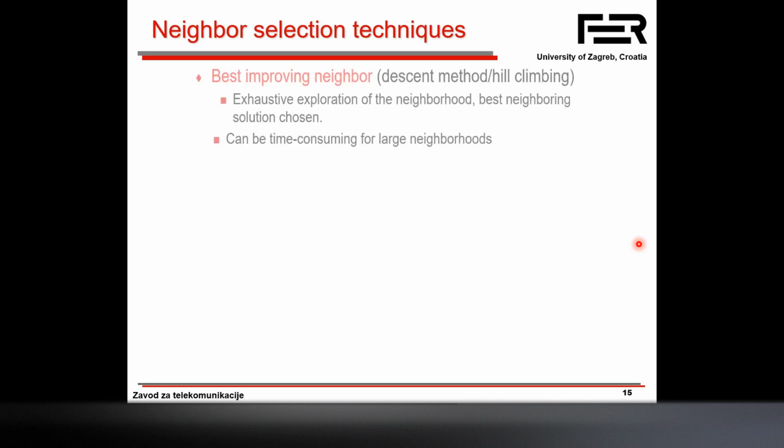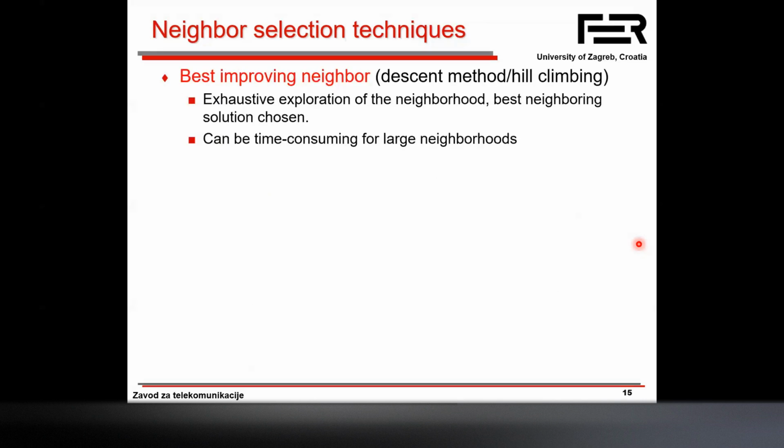In terms of neighborhood selection techniques, classically, in terms of a typical hill climbing or descent method, if we're talking about minimization, hill climbing would be a maximization. We exhaustively explore the neighborhood and the best neighboring solution is chosen if it's better than what we currently have. If not, we're done. So if we have a better neighboring solution, we pick that solution, we move there, and we keep going.